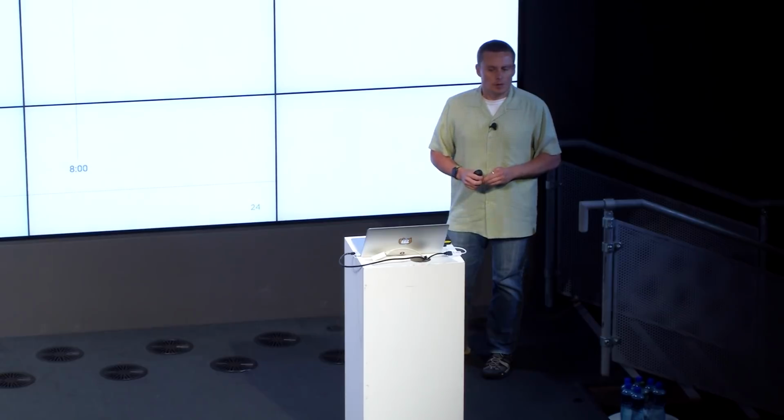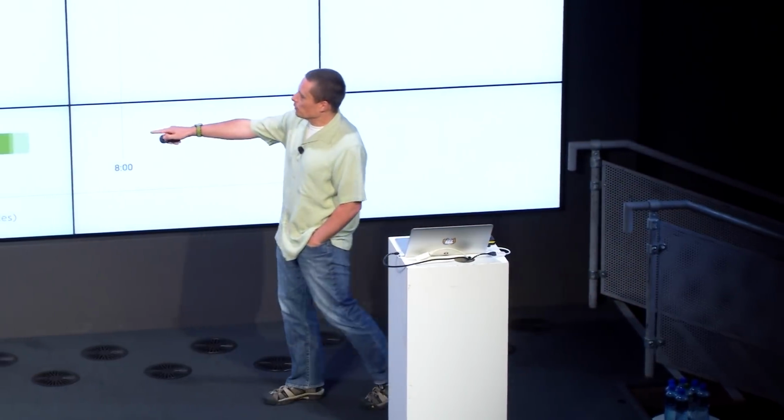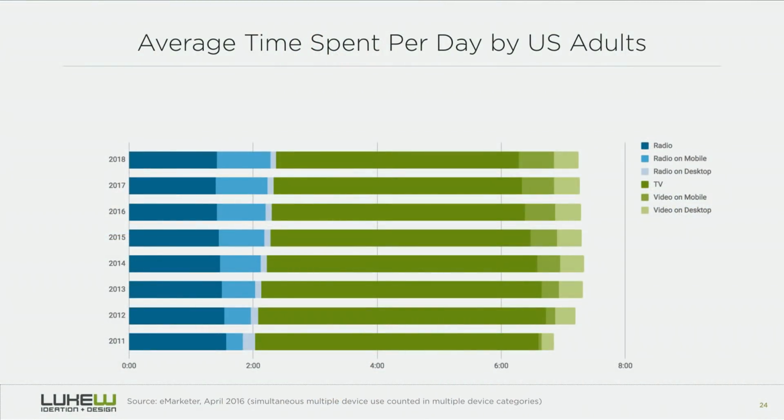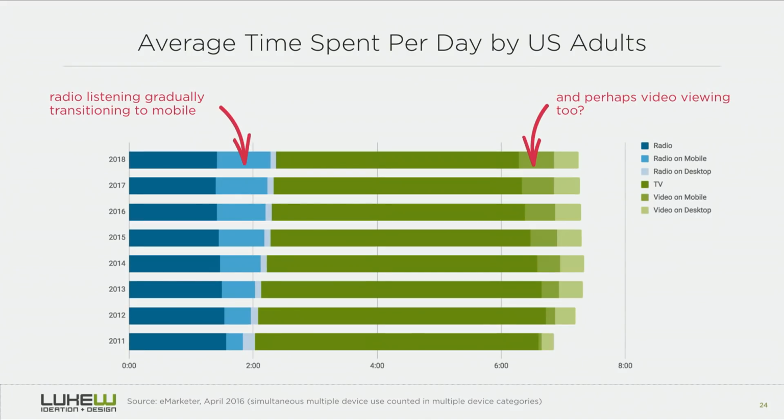Now, that's not to say mobile isn't taking time away from other forms of media. Right? For instance, if we again go back about 8 years or so and we trace radio listening on mobile, which is this light blue line here, you can see that radio listening is gradually transitioning to mobile. And you can even see TV viewing is gradually taking some time away from these other forms of media.